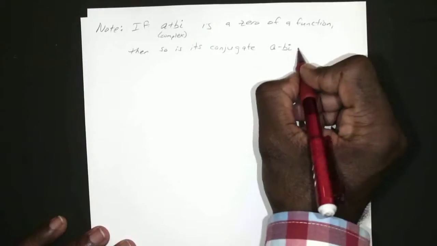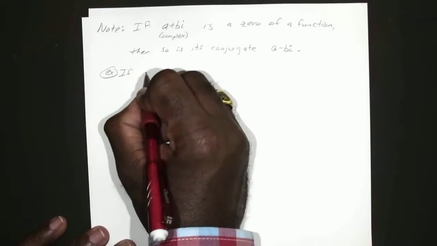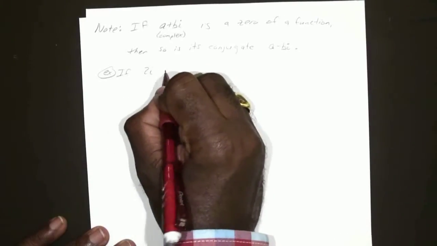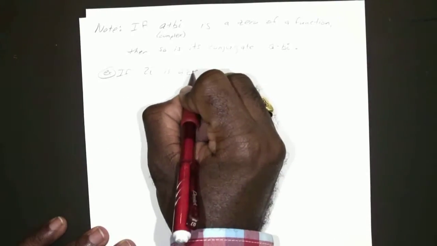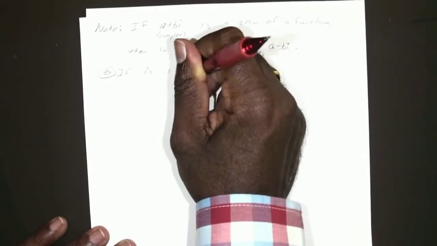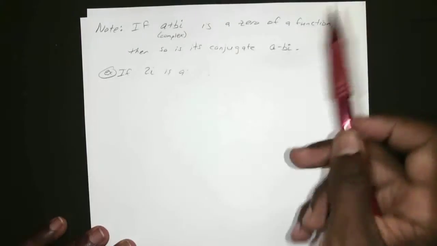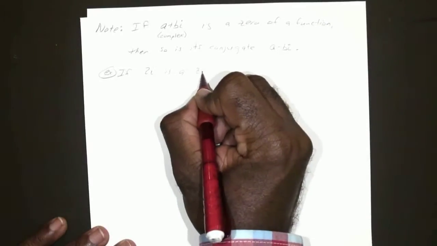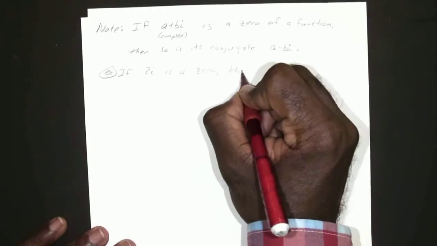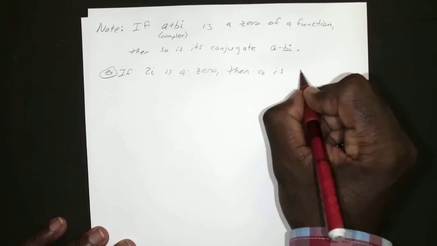Okay, so for example, if 2i is a zero, then so is negative 2i.